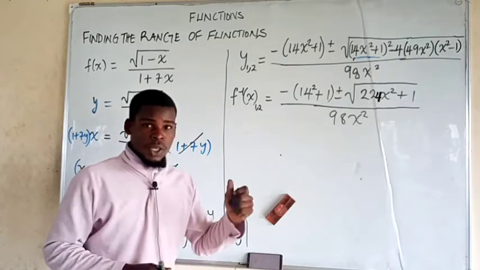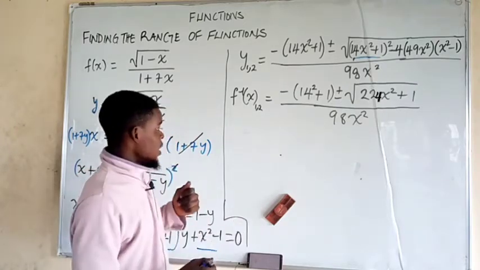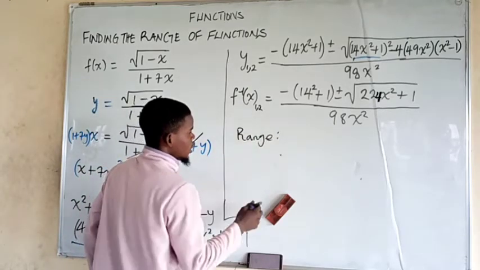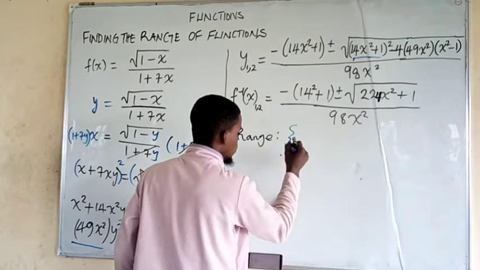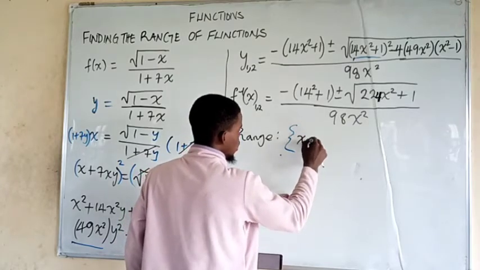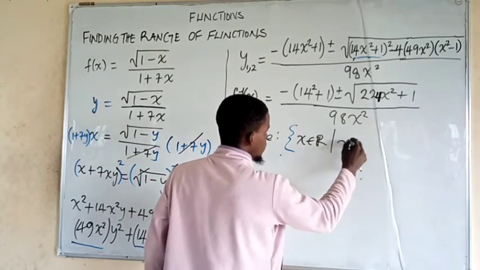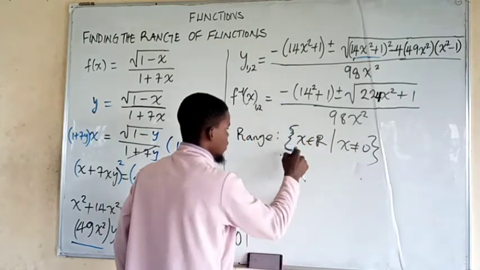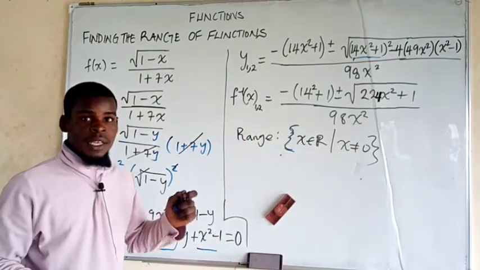Good. So maybe at first, I'm going to write that the range should be the set of all real numbers except 0. So I said the range is R except 0.